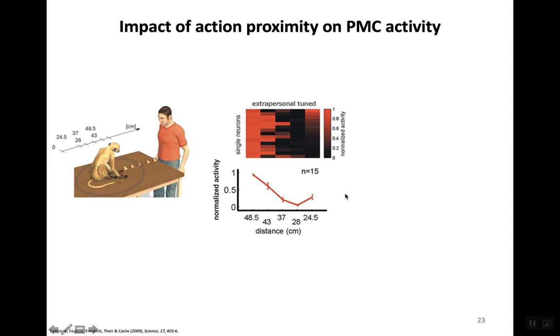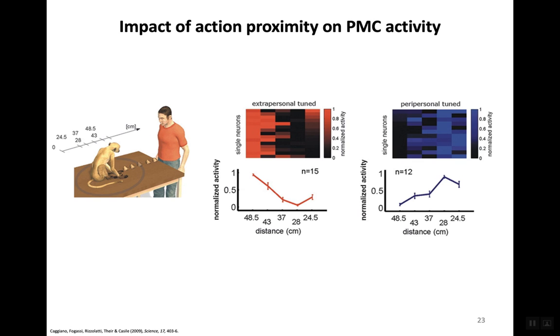In contrast, peripersonal mirror neurons tend to fire more vigorously the closer things happen with respect to the monkey. So the closer you perform a specific action to the monkey, the more vigorously such mirror neurons act.